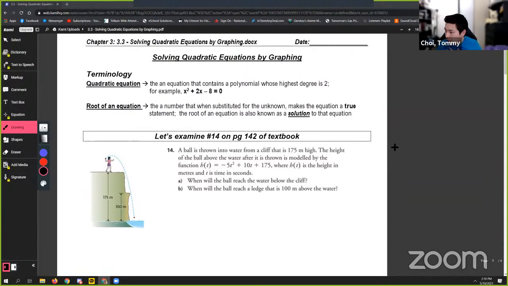So, continuing on with Unit 3, we're now diving into graphing quadratic equations and solving things by graphing. And so, what information can we get? When we are asked to solve quadratic equations, does anyone know what it particularly means to solve a quadratic equation?